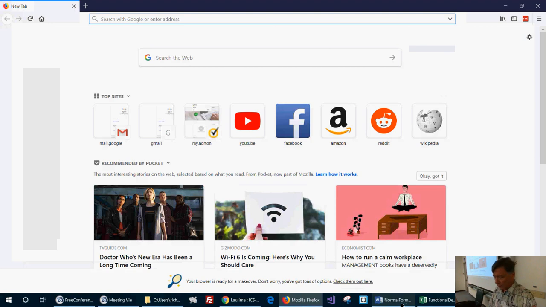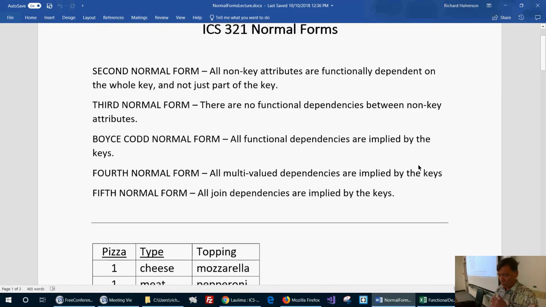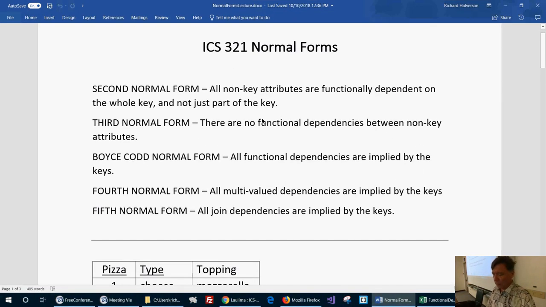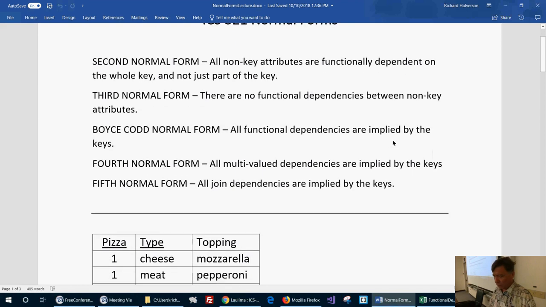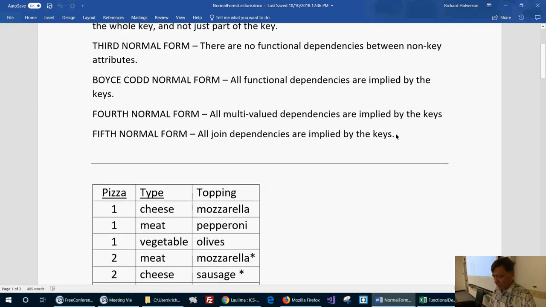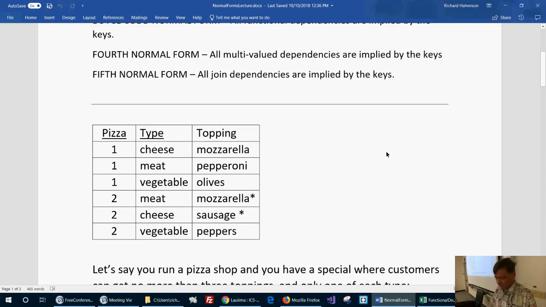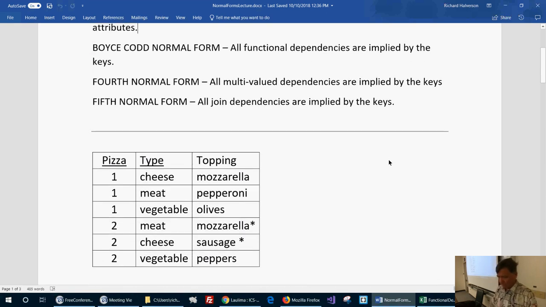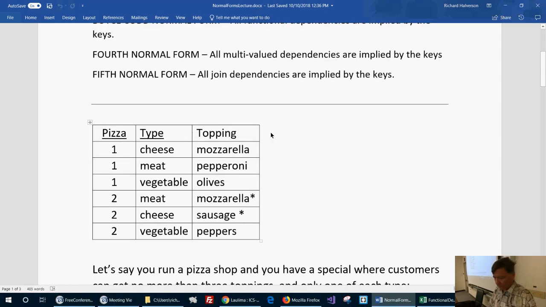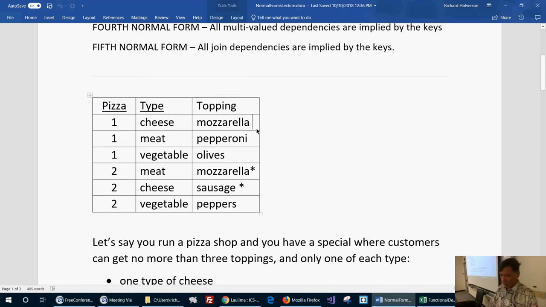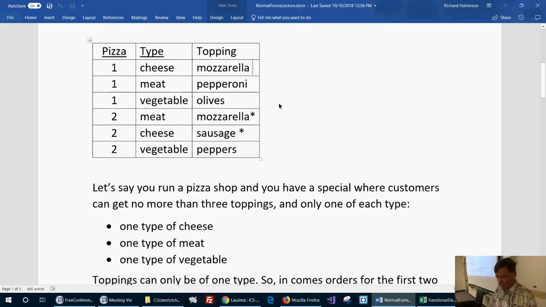Now we can still have problems even though we're able to reduce something all the way down to BCNF. With BCNF, all functional dependencies are implied by the keys. So let's say you have an example like this. Let's say you run a pizza shop, and I think I threw out this example before.